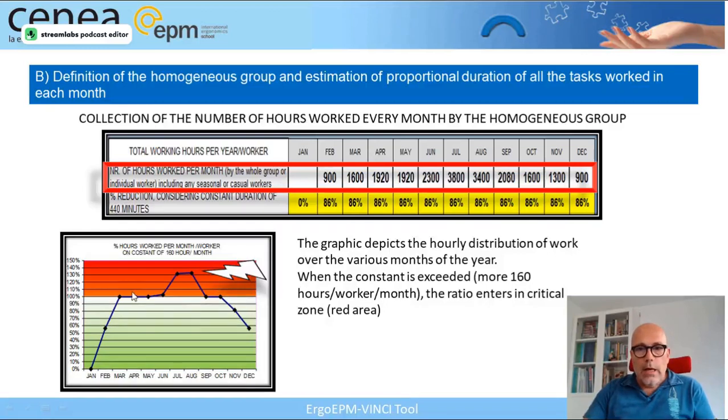In the graph that we see, what is the distribution of hours worked each month? The percentage is automatically plotted against a constant. The constant is 160 hours per worker worked per month.